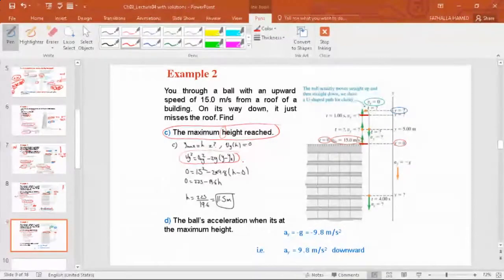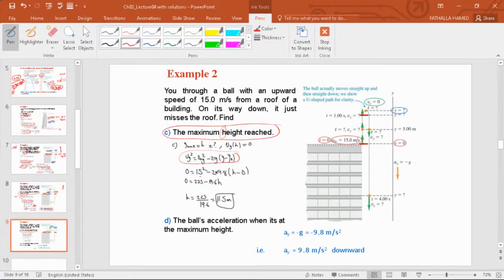And we know that at the highest point, which is the maximum height, Vy is equal to 0. So if I put Vy equal to 0, that only happens when y is equal to the maximum height. That's why we put h here for y.